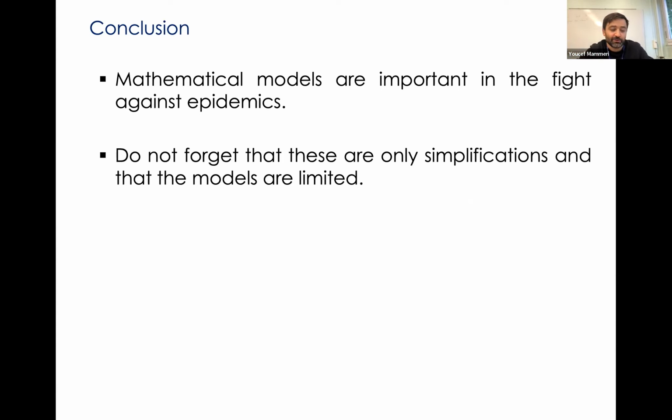In France, even in TV shows, they were talking about mathematics. Mathematics is very important, but it's just a tool. It cannot be used as the truth. It's just an approximation of models. This is something very important.